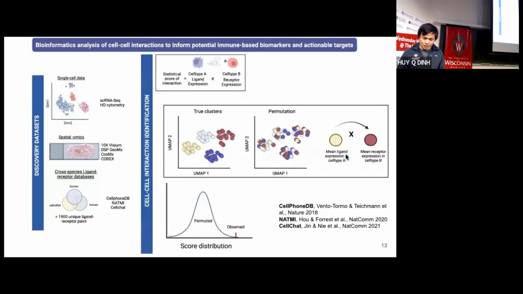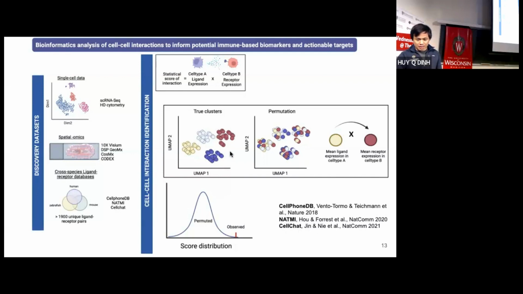So in our lab, we focus on what we call cell-cell interaction here. We want to infer, for two cell types, which ligand is expressed in one cell type and its corresponding receptor is expressed in another cell type, right? This was pioneered by Sarah Teichmann's lab from the Sanger Institute, where they have CellPhoneDB2, and a number of other tools have come out from different labs as well.